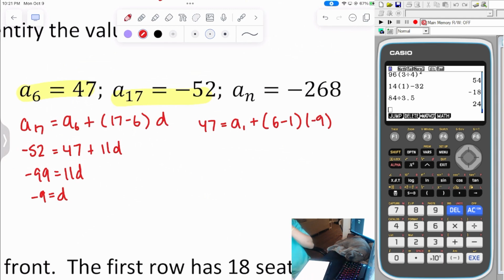Let's simplify and solve for a sub 1 now. So I have 47 is equal to a sub 1 minus 45. Add 45 to both sides. And I should get 92 is equal to a sub 1.